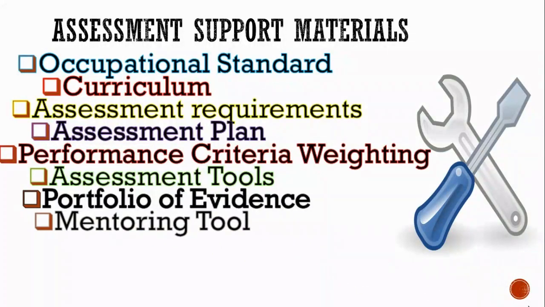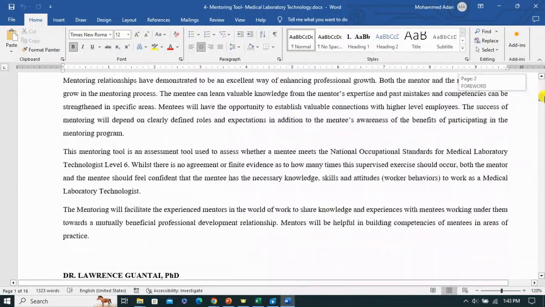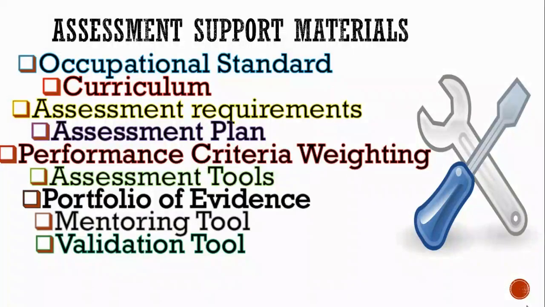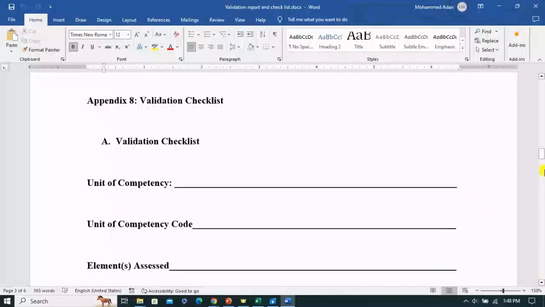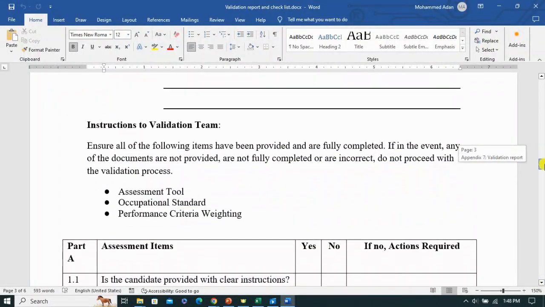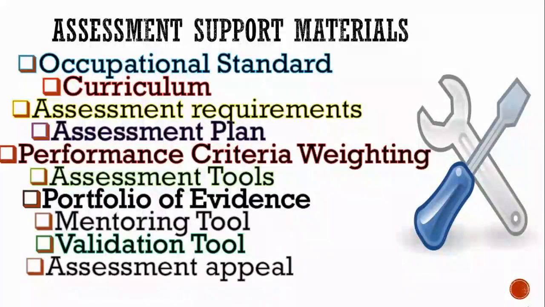You will also be looking at the mentoring tool and how important it is to administer these tools. Also be factoring in validation, once you have developed all the assessment tools. We'll also be looking at the validation tool, and most importantly, assessment appeal.